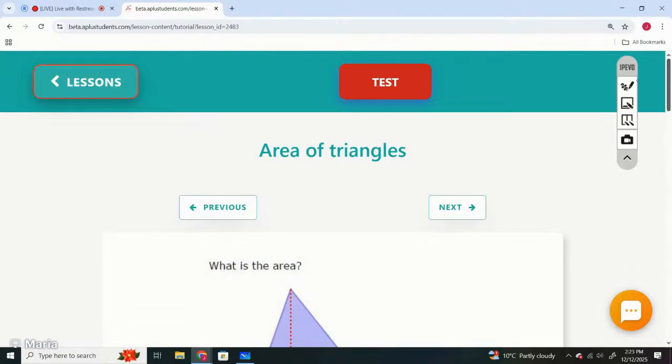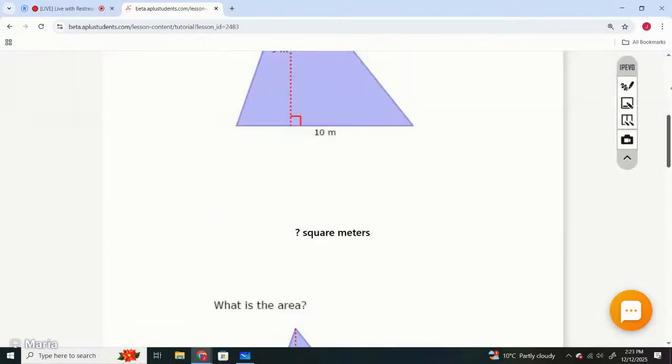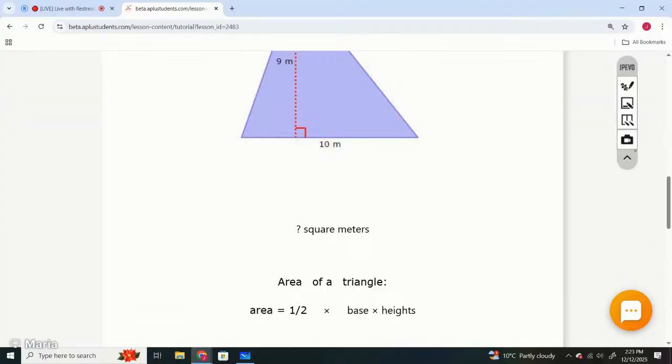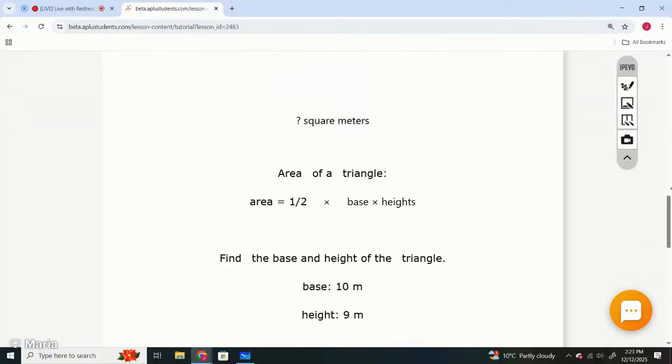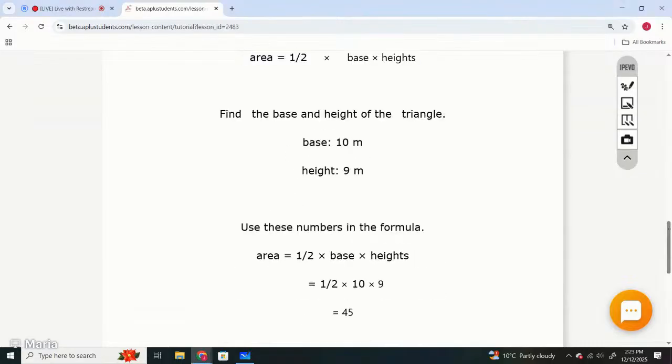We need to calculate the area of the triangles. So first thing we need to do is calculate the area of our triangle. That equals half times base times height. That is the formula we need to use. So base of the triangle is 10 meters. The height is 9 meters, right? So that is 1 by 2 times 10 times 9.